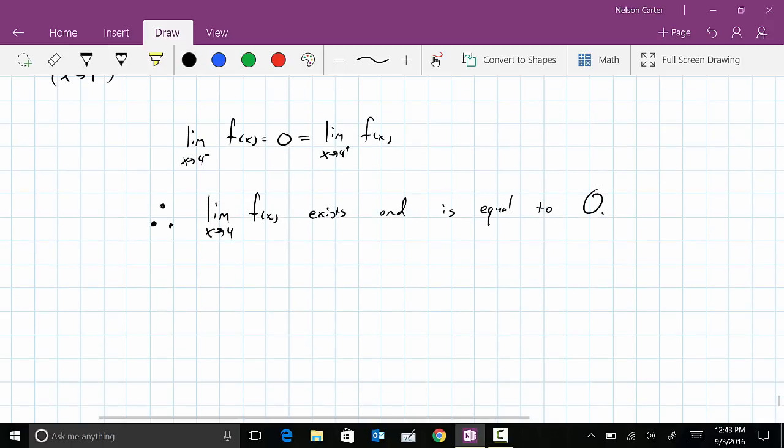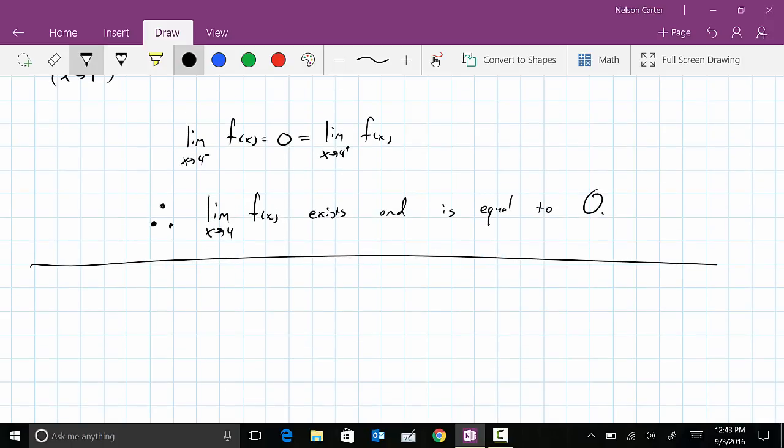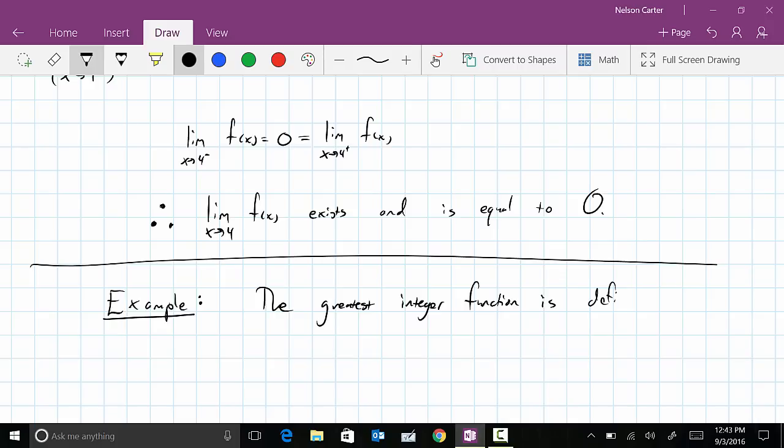Okay. So there's another example here. They use the greatest integer function for. The only reason I'm going to show you this is because if you've never seen the greatest integer function before, then you need to see it. Okay, the greatest integer function is defined by this symbol.